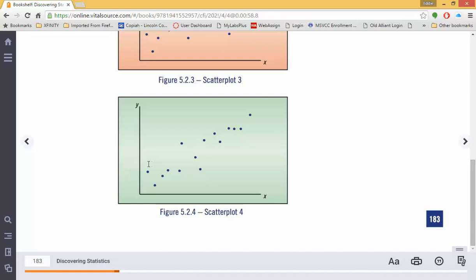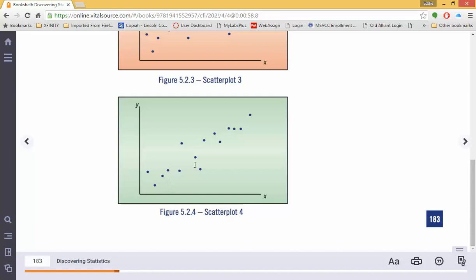It does appear, it's not real apparent, but it does appear as the x variable gets larger, so does the y variable. So maybe if this was education and crime rate, as the percentage of education completion goes up, the crime rate goes up. That's probably not right, because you wouldn't want that to happen.